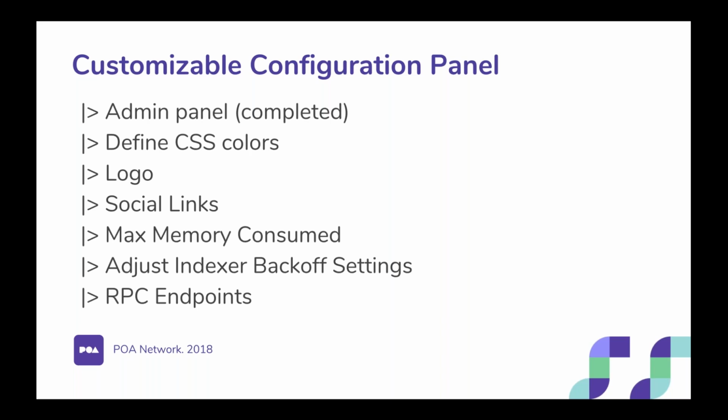We've already created the administration panel, but we'd like to include all these configuration options right inside it. In the next couple months, you'll be able to customize your CSS colors, your logo, and any of the social links.